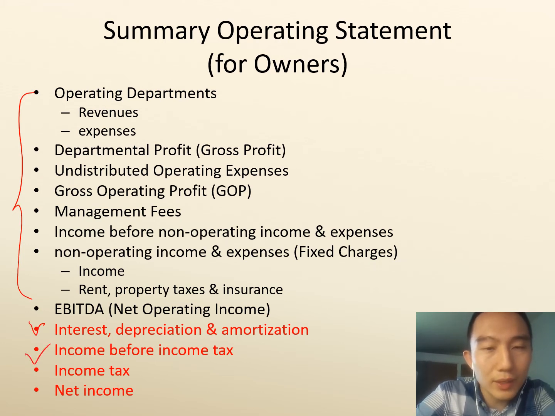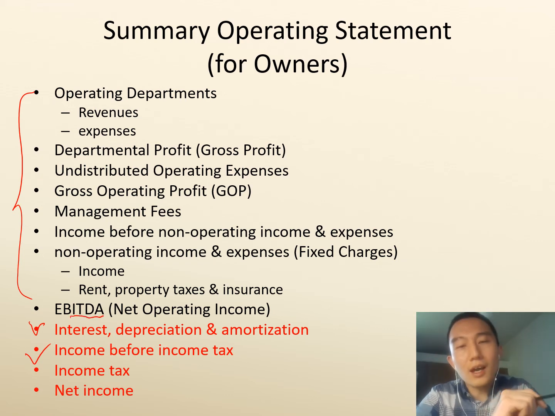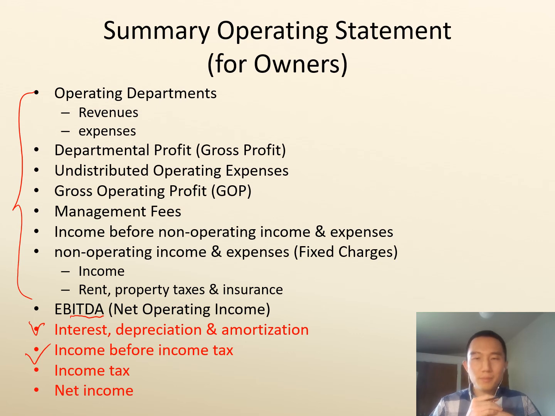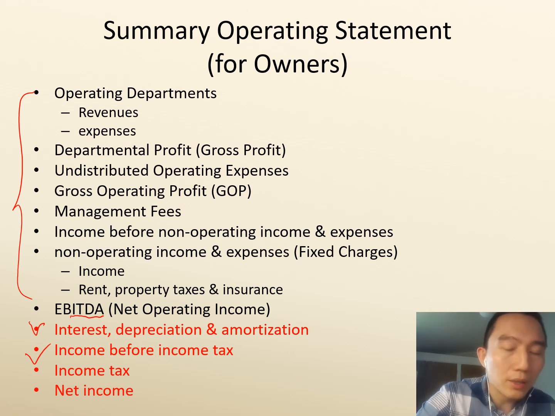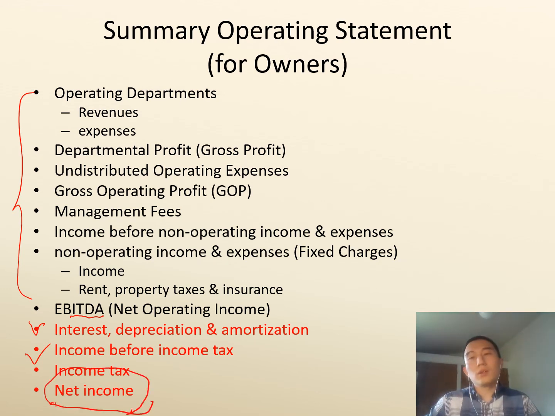In other words, after EBITDA, we consider the I, T, D, and A, and then we can get the bottom line number, net income, which is the most important number for hotel owners. Because hotel owners care more about how much net income we made from the last period.